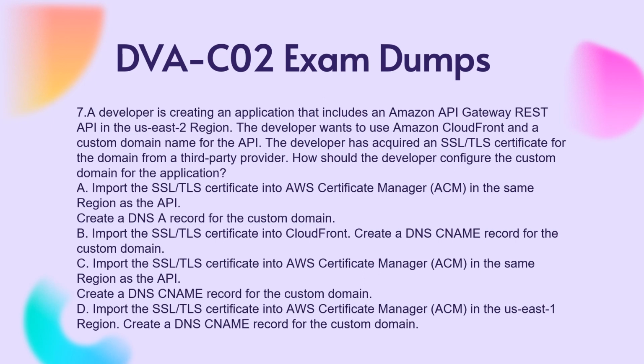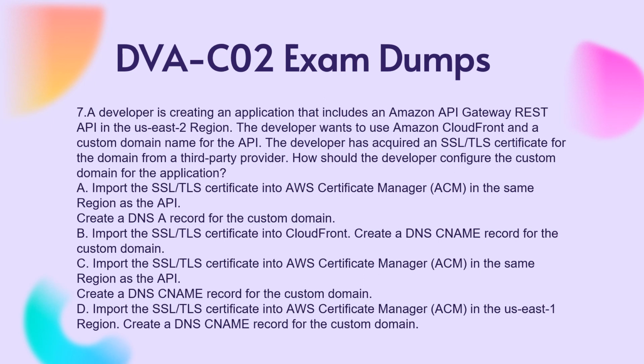A. Import the SSL/TLS certificate into AWS Certificate Manager (ACM) in the same Region as the API. Create a DNS A record for the custom domain. B. Import the SSL/TLS certificate into CloudFront. Create a DNS CNAME record for the custom domain.